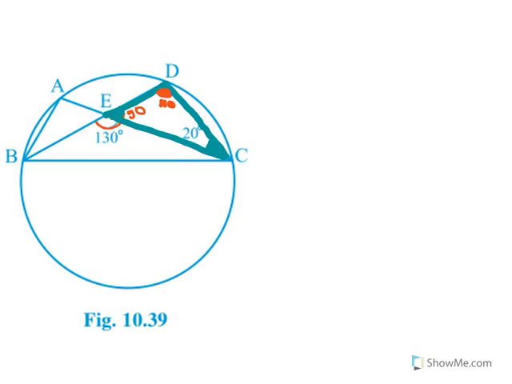And in the last step, angle A and angle D are angles in the same arc. So if this is 110, here also will be 110. So angle A equal to 110.